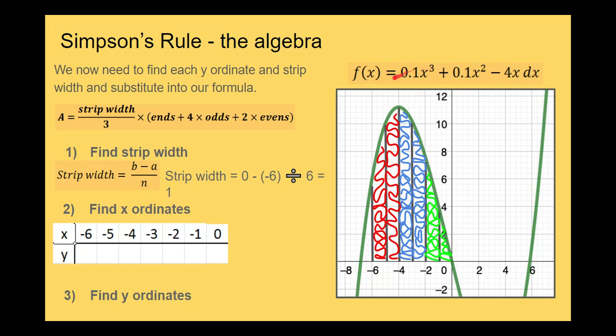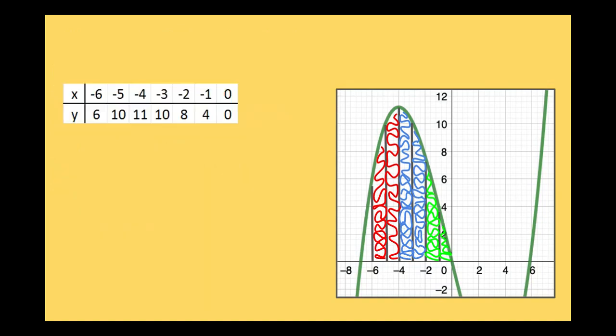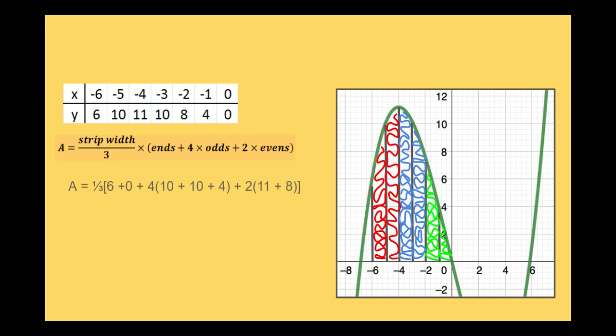We're going to use our function. We can find these exactly for each of our x ordinates. So we've got our y ordinates, we've got our strip width. We can sub in our values and calculate the area. There we are. We've used Simpson's rule to calculate the area under a function.